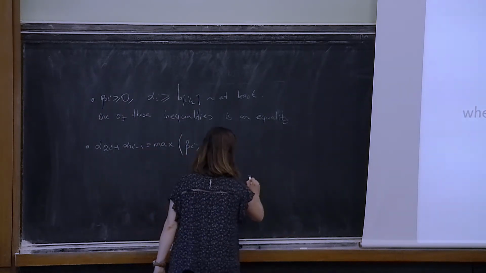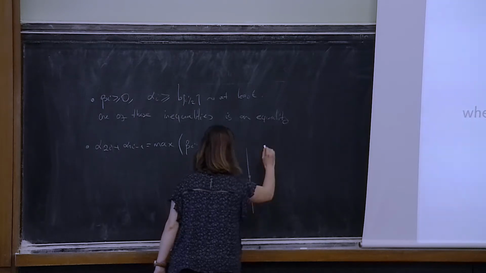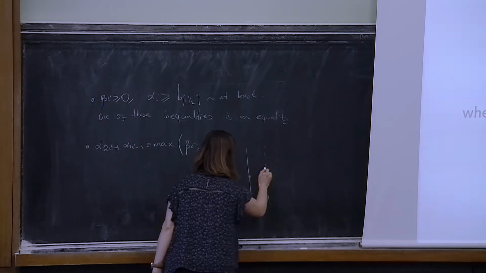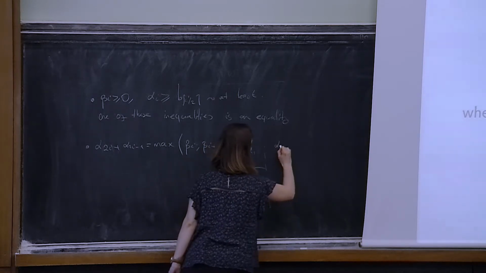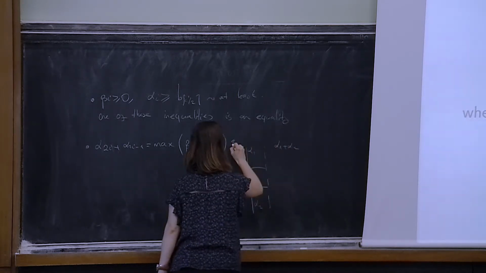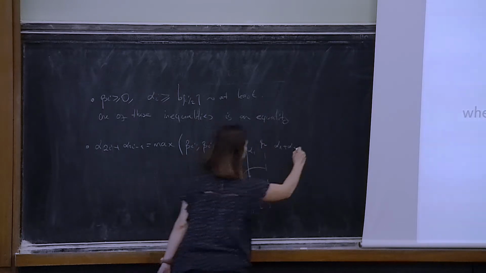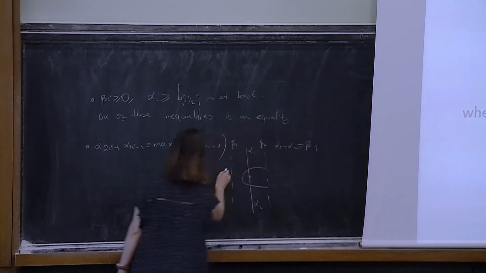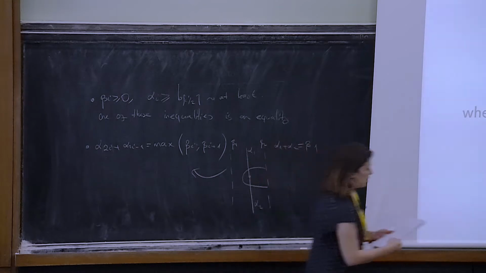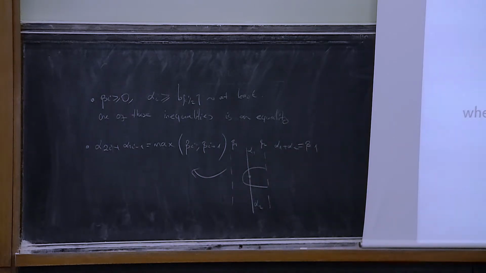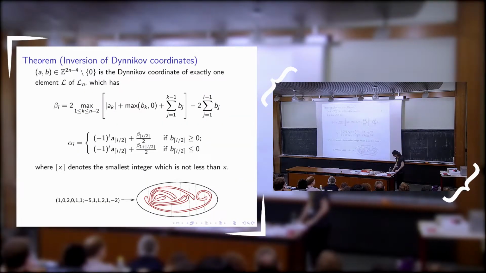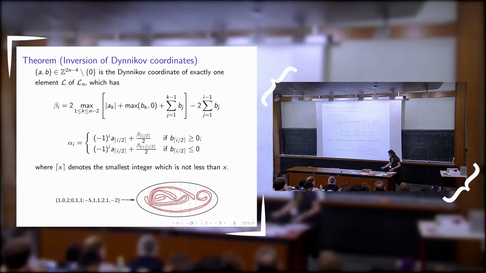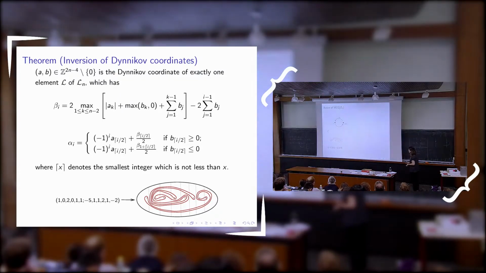So in this particular picture here, this is alpha 1 and this is alpha 2, and if this is beta 1 and this is beta 2, alpha 1 plus alpha 2 is equal to beta 1. This is what it's saying. So I'll skip the rest of the proof, but these are the main ideas to prove this theorem. Okay. Right, so, okay.